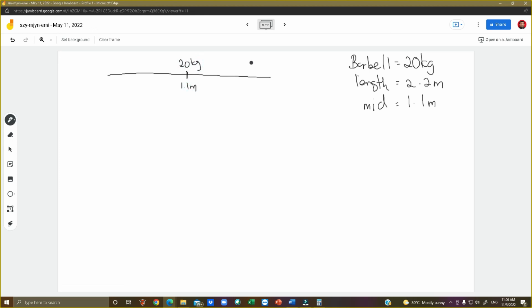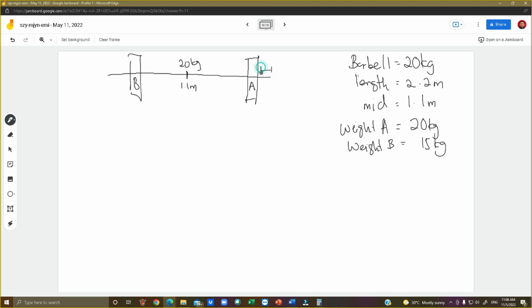Yang kedua, we have the first weight, we name it as weight A. Weight A equals to 20 kg, and we have another weight here, name it as weight B at 15. That is the mistake. Okay, dia tersalah api.